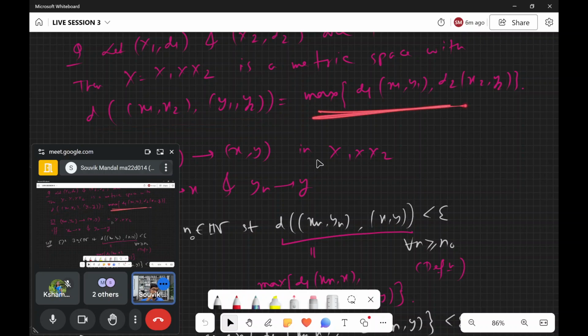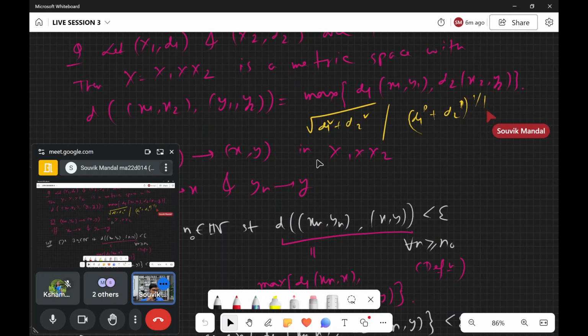Instead of taking the max, we can also take the square root of d1 square plus d2 square. One can also take d1 power p plus d2 power p, whole to the power 1 by p. These are all valid metrics on the capital A.